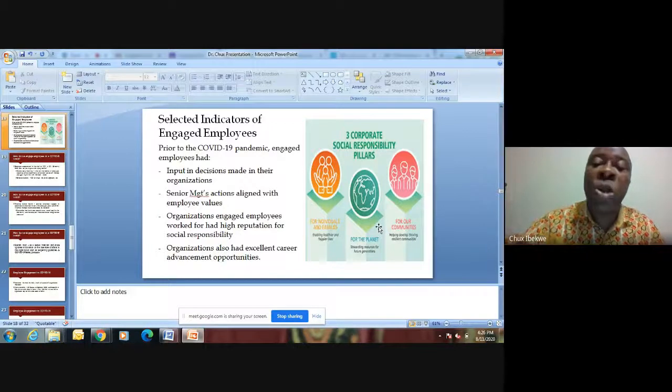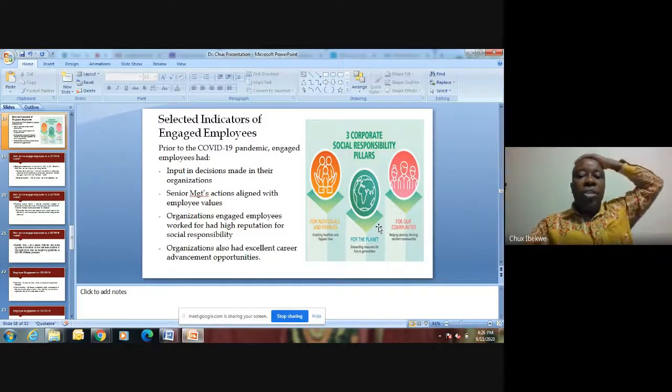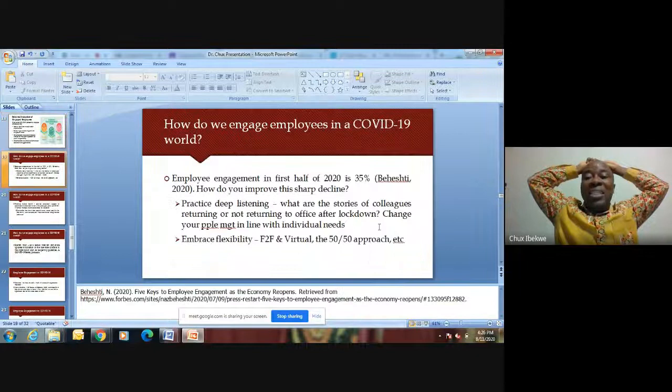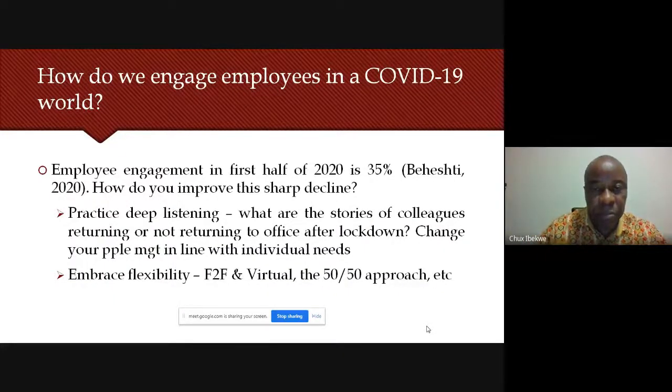So how are we going to do it better in this COVID period? Already a study by Beshiri, sorry if I don't pronounce that very well, 2020, indicated that 35% of employees worldwide in 2020 are engaged. So how are we going to raise this figure?